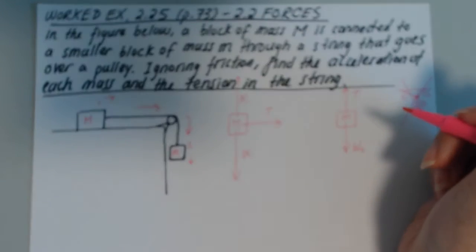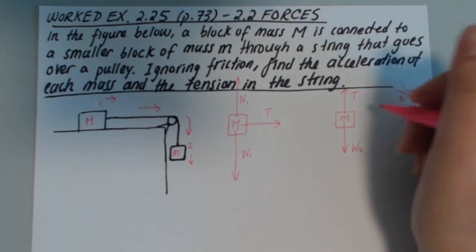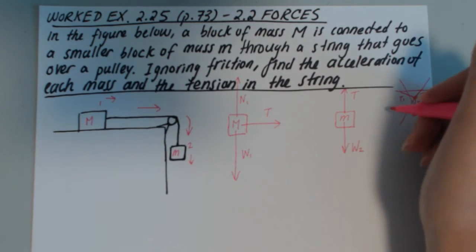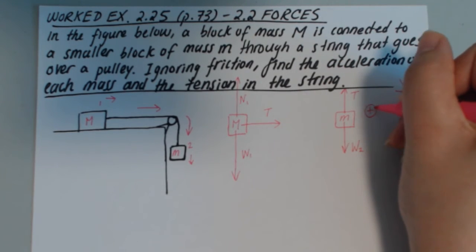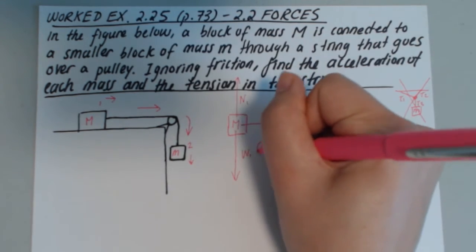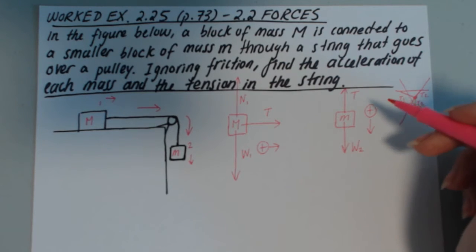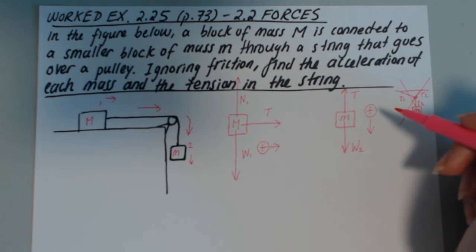And those are the directions that they would be accelerating in as well when they start moving. So what that means is that for this free body diagram on the right, I'm going to let the positive direction be down. And for the free body diagram on the left, I'm going to let the positive direction be to the right. So very important for this kind of a question, you actually have to define different positive directions.